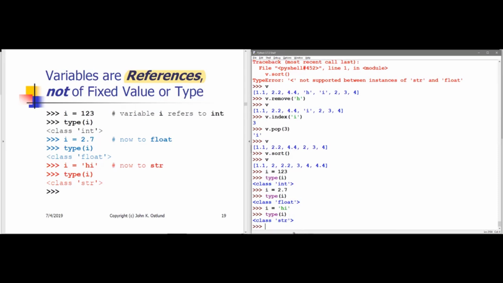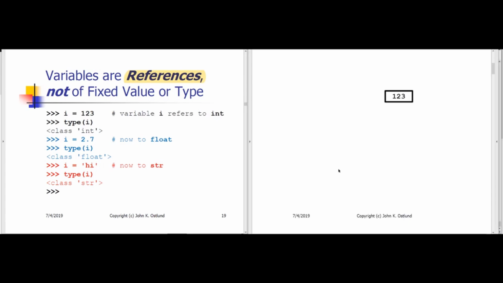If we take a look at what's going on in memory as a result of these assignment statements, it looks like this. We start out with this int value 123. When we assign 123 to I, that creates or reuses the variable name I to refer to that int object in memory, 123. When I then say I gets 2.7, that causes a value 2.7 to be stored in memory, and the name I is changed so that it refers to 2.7 now.